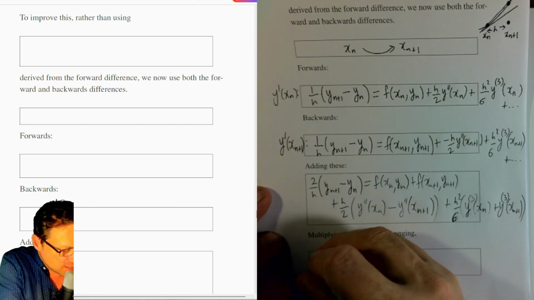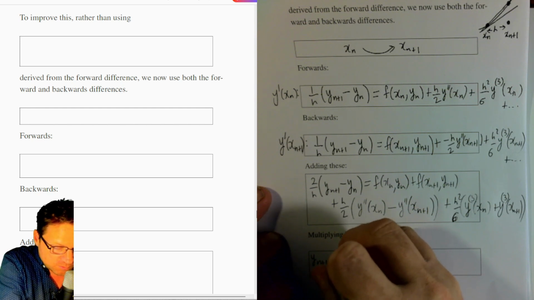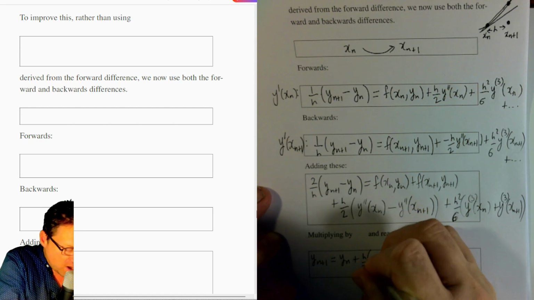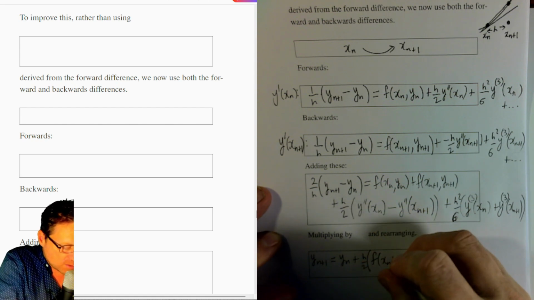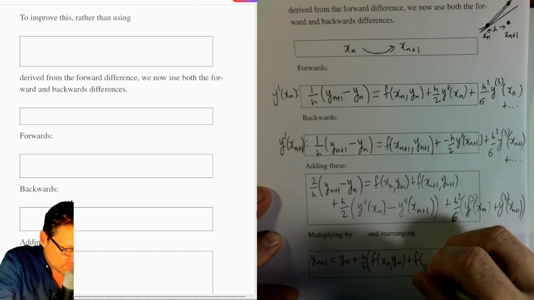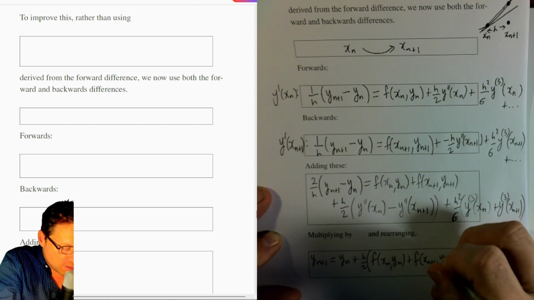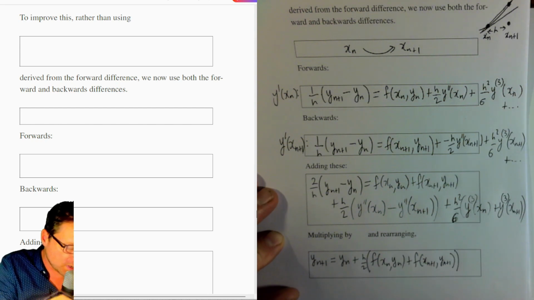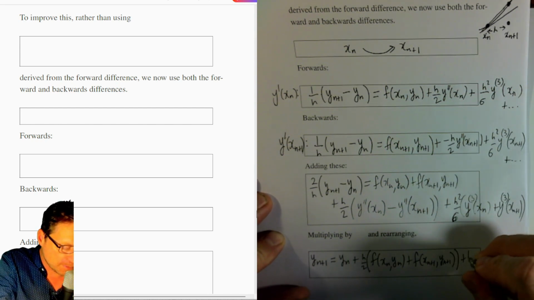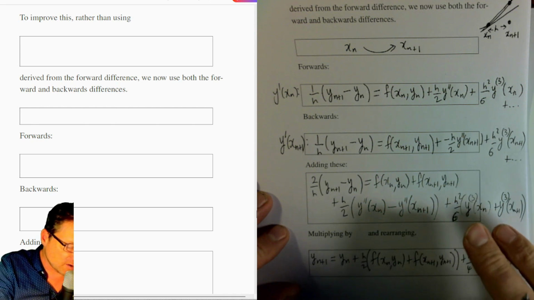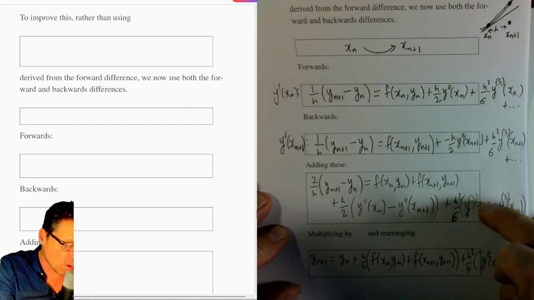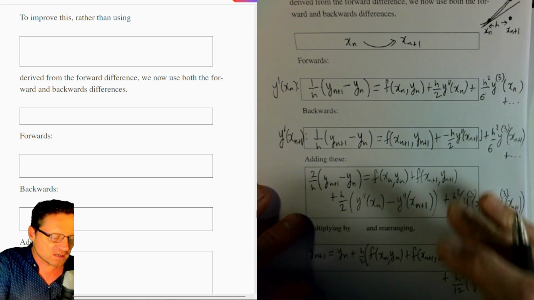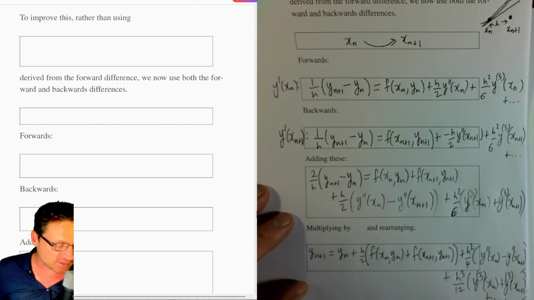So what we get then is y n plus 1 equals y n plus h on 2 brackets f of x n, y n plus f of x n plus 1, y n plus 1 in those brackets, and then we have h squared on 4 times this, and then we have h cubed on 12 times this, and so on, because this goes on and on forever because these were taken from Taylor expansions.